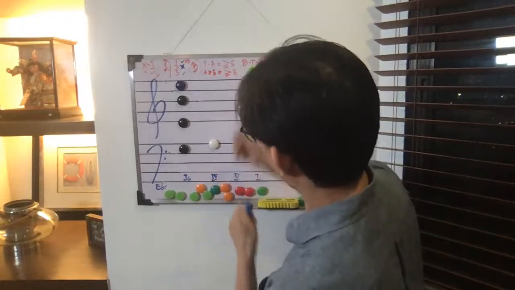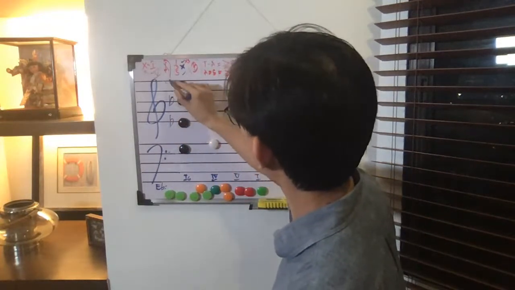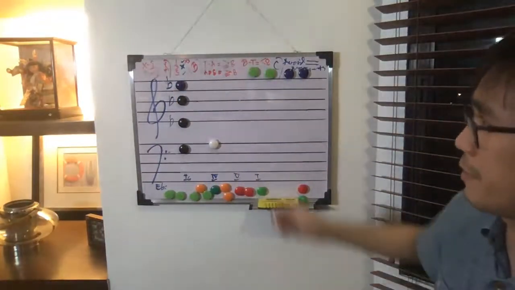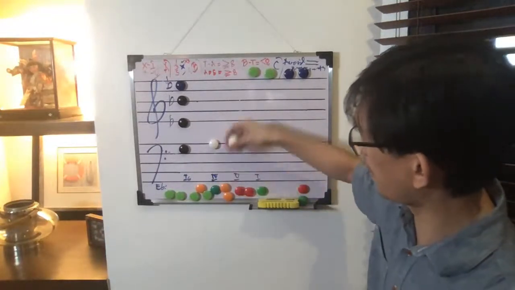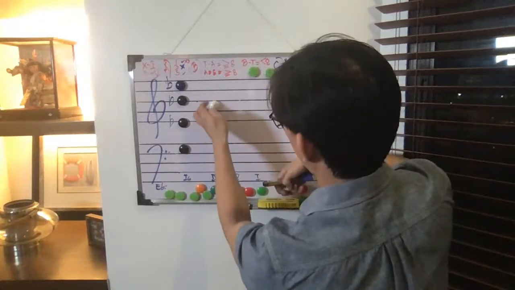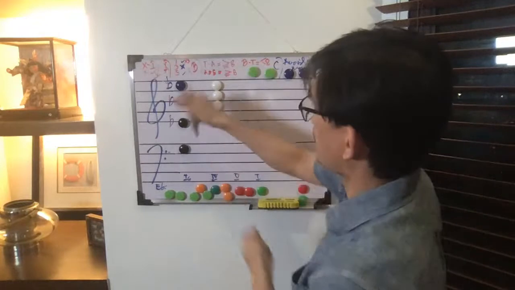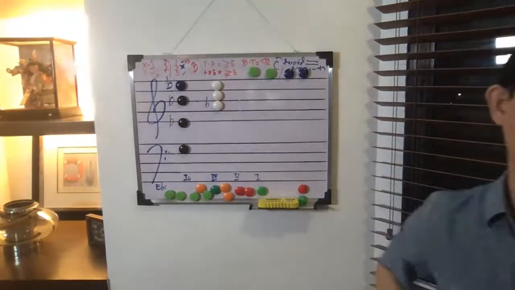Wait, let me supply now the missing accidentals here, here, and here. Just for you to get used to using those accidentals. So A flat, A flat, C, and since there's a flat already, I'll just put here A flat. So this is your subdominant.